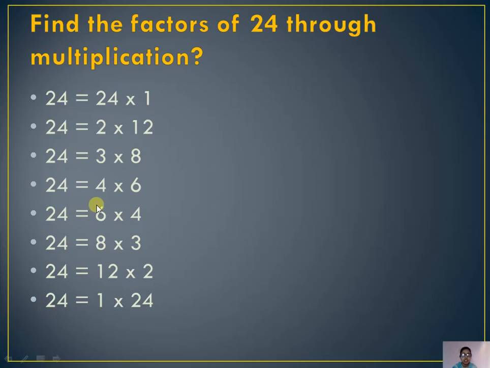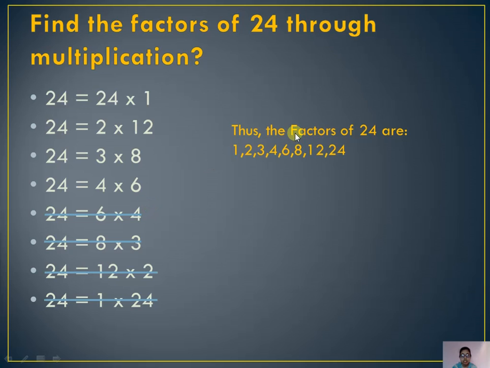Now, as you can see, some of the factors are repeated. So we cannot write the repeated factors. Thus, the factors of 24 are 1, 2, 3, 4, 6, 8, 12 and 24.